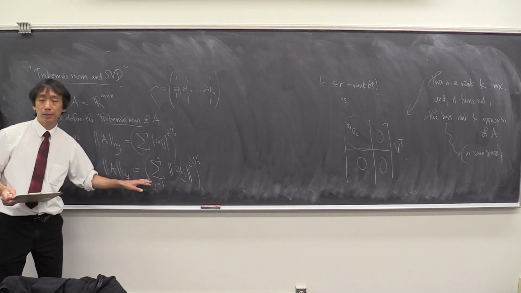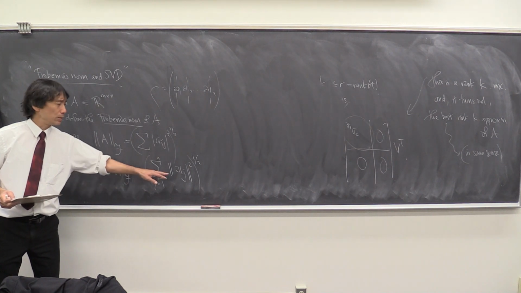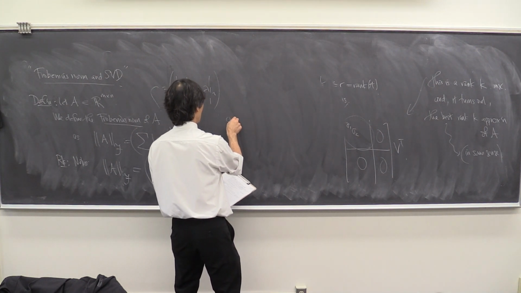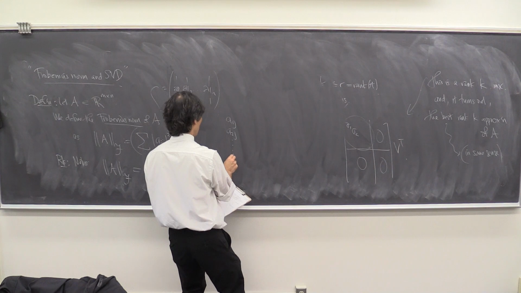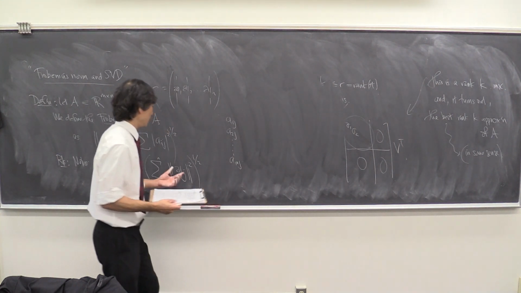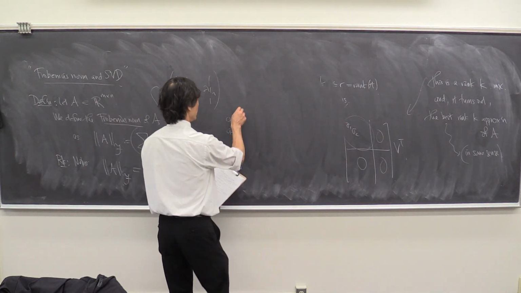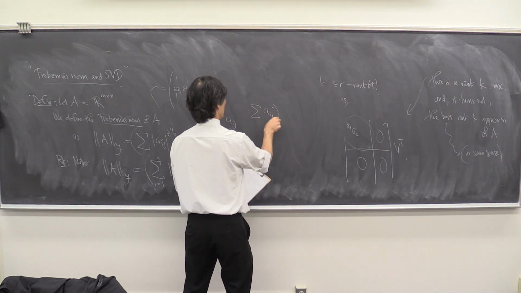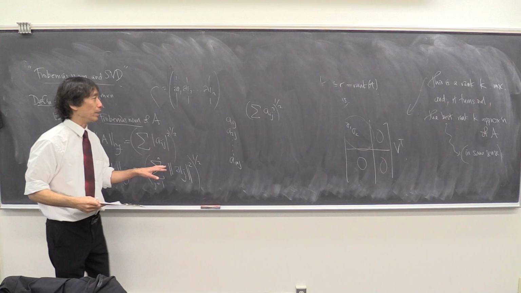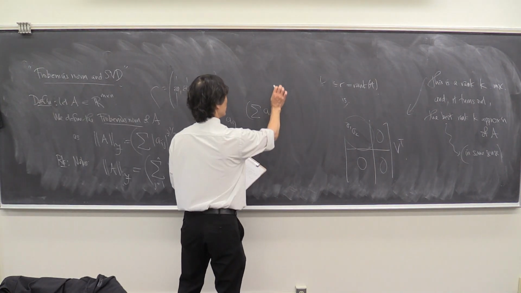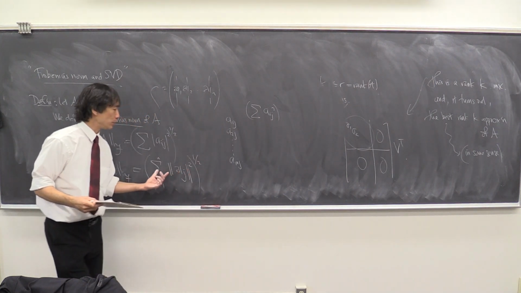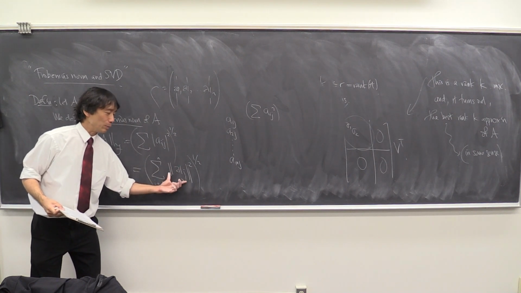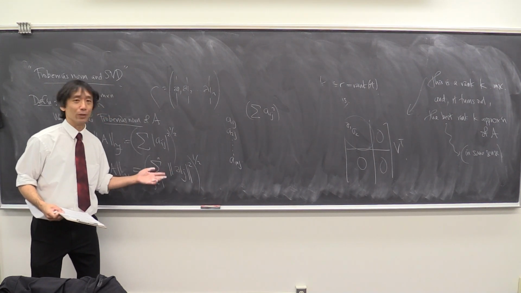Is that clear? Because the norm of a column, say with entries a_1j, a_2j, through a_mj, is just the sum of the squares, square rooted. So if I square that, then I get the sum of the squares in each column. Well, that's just the sum of all the squares.